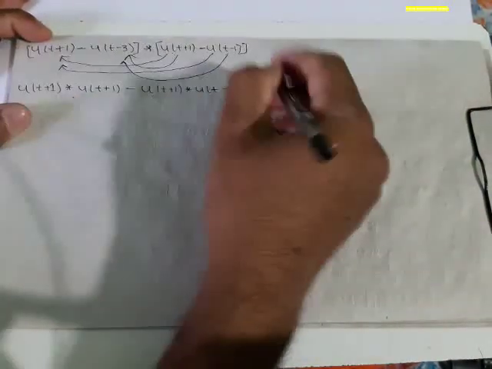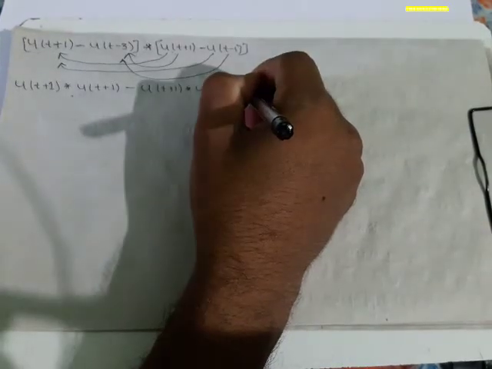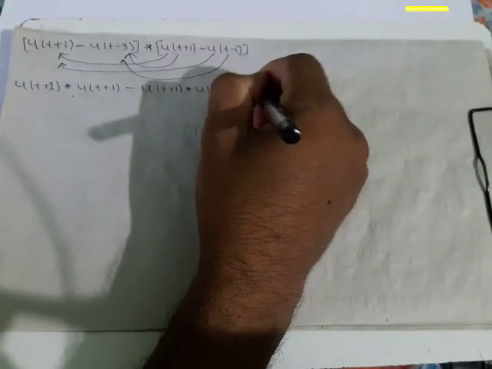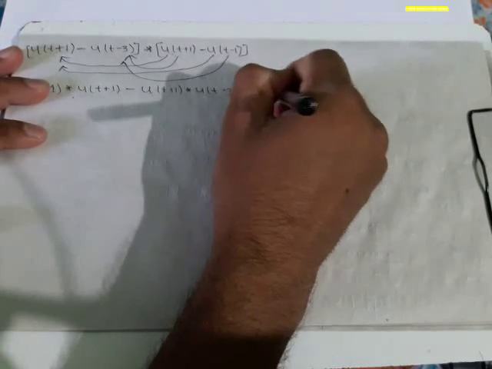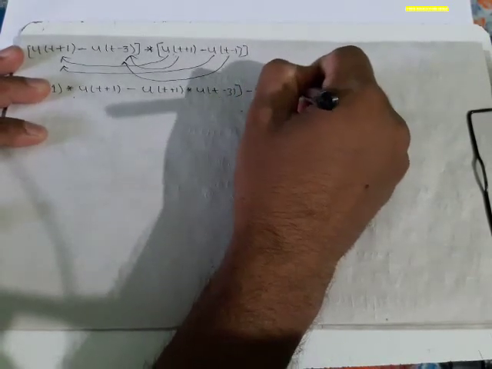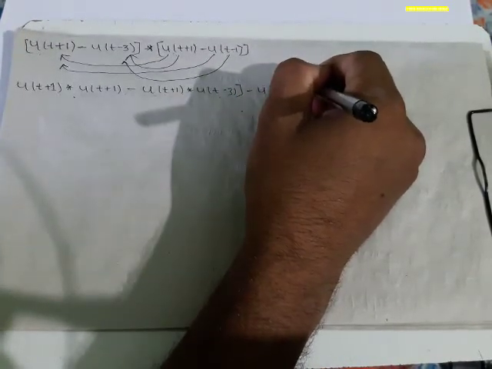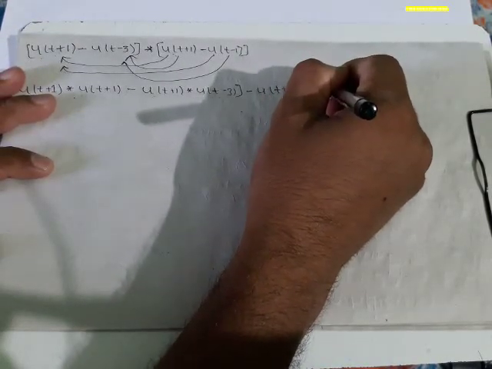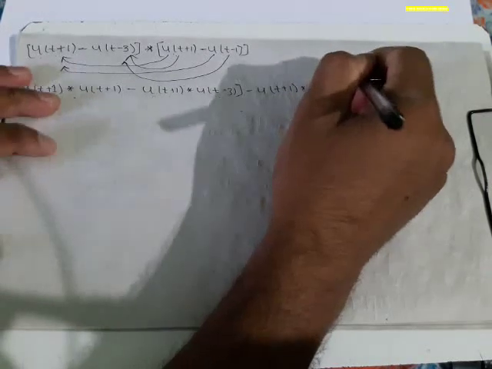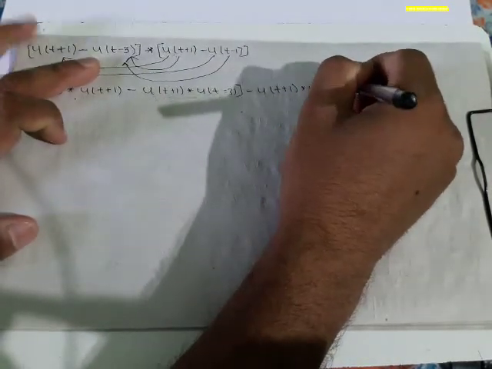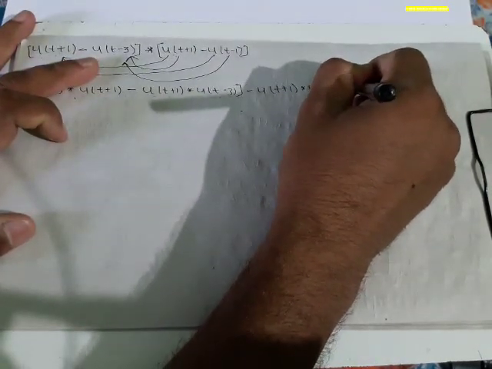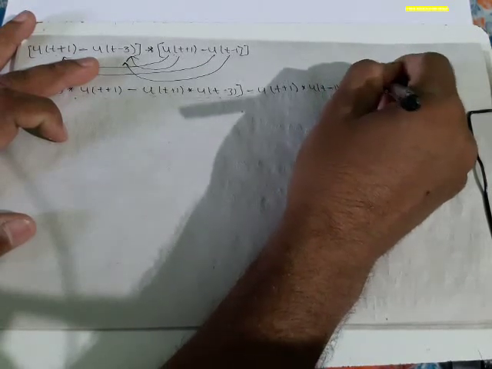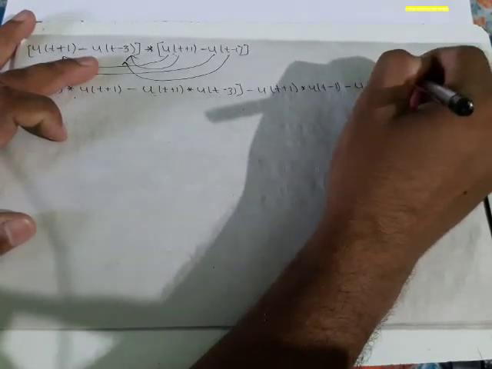It will be r of t plus 1, and again this plus 1, because it is alpha, it is beta, and from the property we already know that if x of t minus alpha convolution with h of t minus beta, then y of t equals to t minus alpha minus beta. This is the property. Okay, use this property.